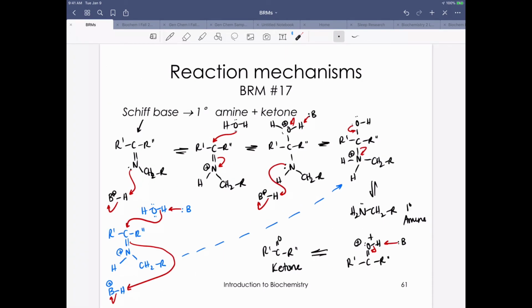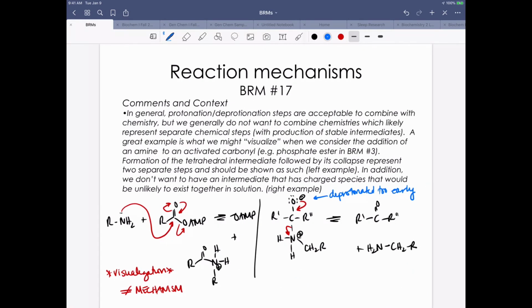So again, better to have a protonated ketone as a product, or, if you wanted, let me highlight this with our blue here, you could have this step come up here, and have that deprotonation happen at the same time that those electrons come down to reform your carbonyl containing compound. That's acceptable, but we wouldn't want to have that deprotonation happen and then be left with this charged alkoxy group here. That's not viable in a situation where we would also have this protonated amine.